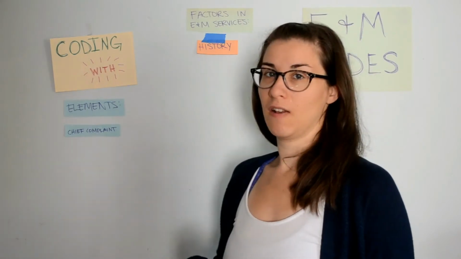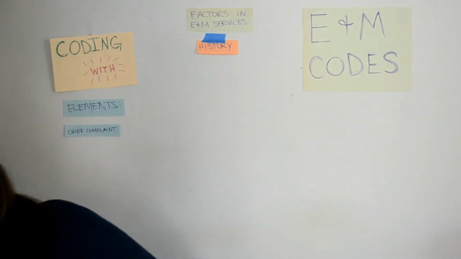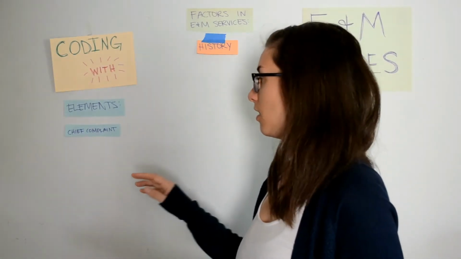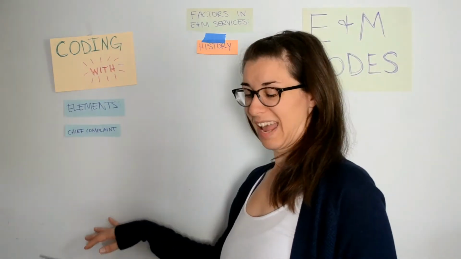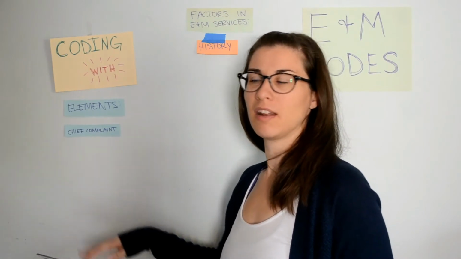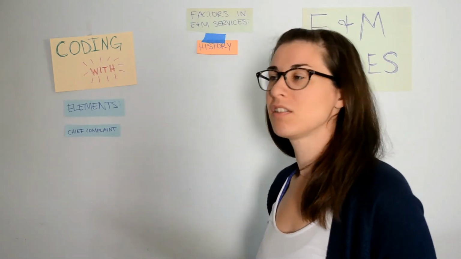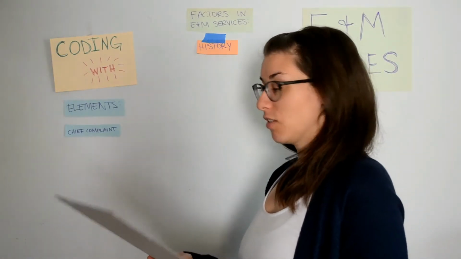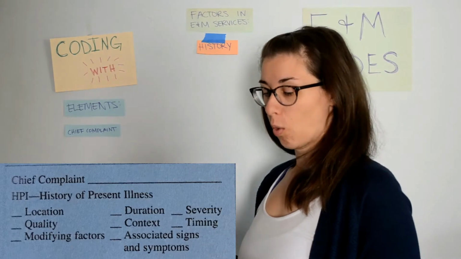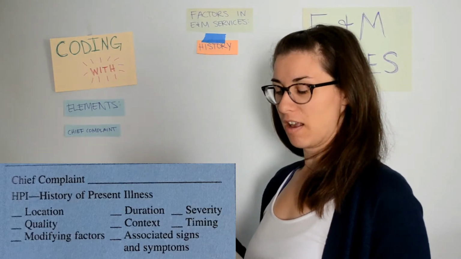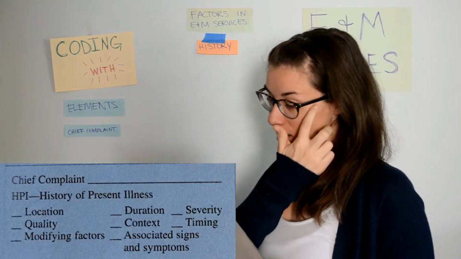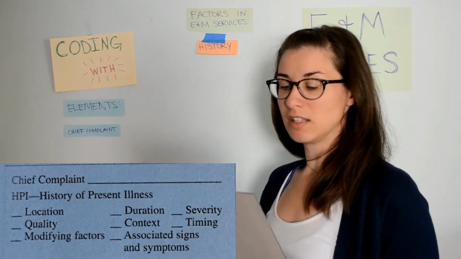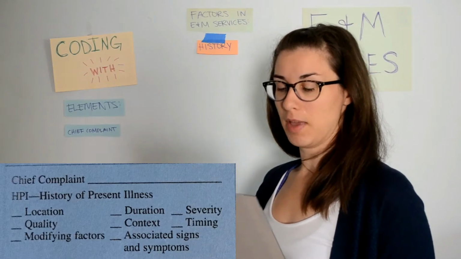And in the table that my textbook gave me, it gives several different categories of a chief complaint or components or descriptions, I don't know. So there's the location, quality, modifying factors, duration, context, associated signs and symptoms, severity, and timing.